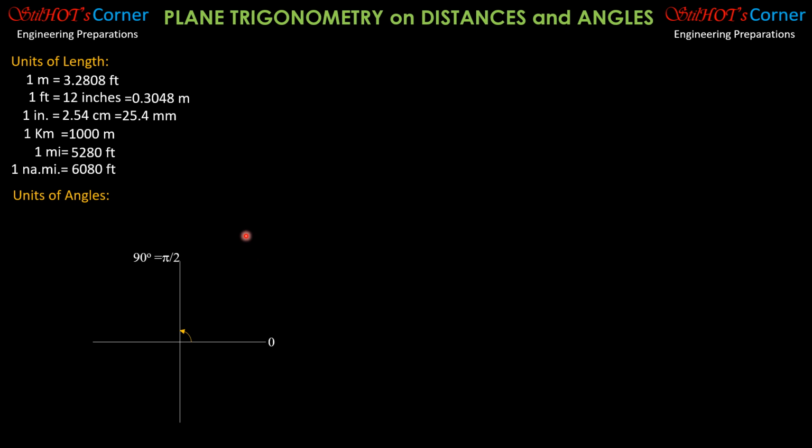So they're close but not as accurate. The more accurate value for milliradians is 180 degrees over pi divided by 1000, so 0.0573 of a degree. That's the value of 1 milliradian.